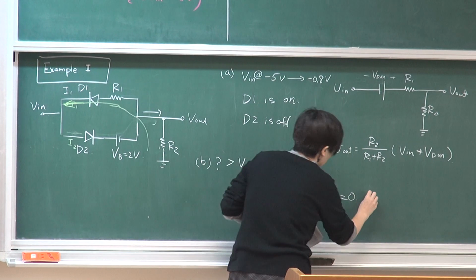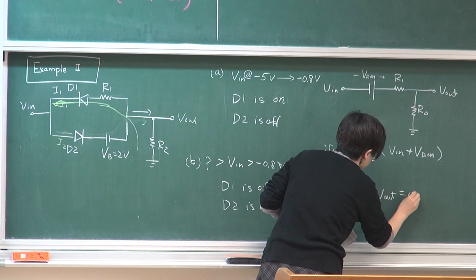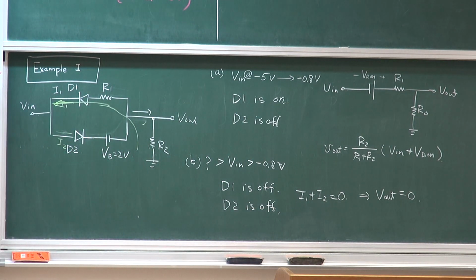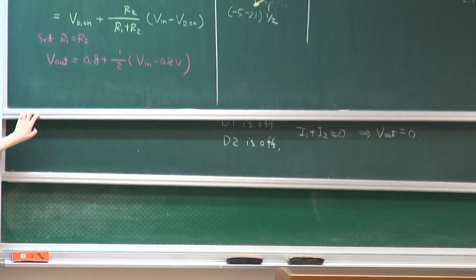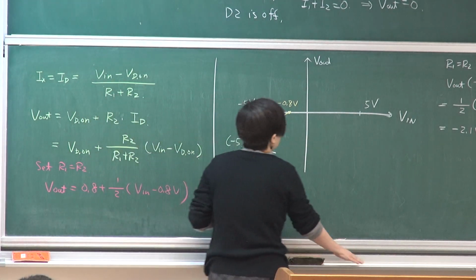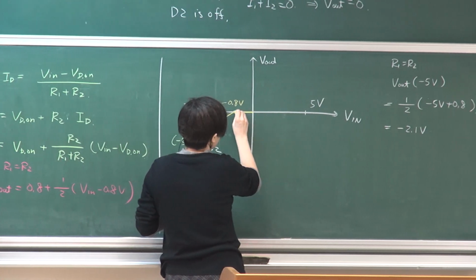That means that I would then have VL equals to 0. Okay? So after passing the particular point, both of the branches are off. Therefore, we should expect this to be a flat line.